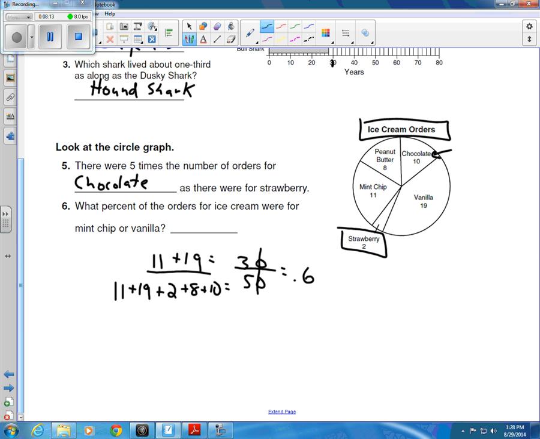But what we're really looking for is that as a percent. To go from a decimal to a percent, again, we move our decimal place twice because percent is a fraction out of 100. 60%. Looks like I'm fairly easy to please.